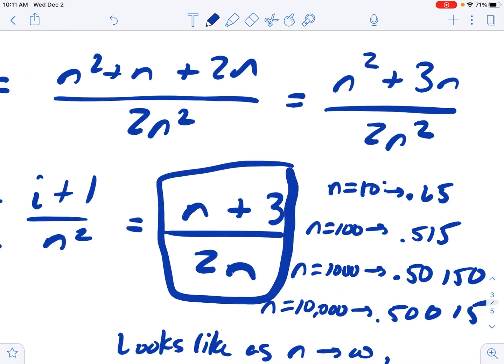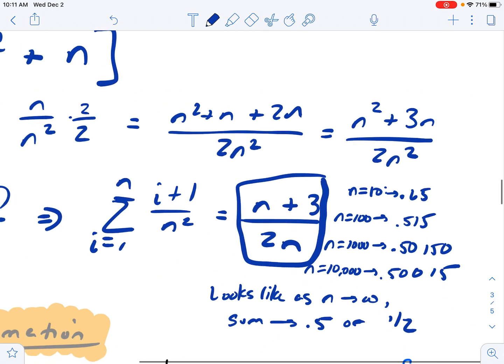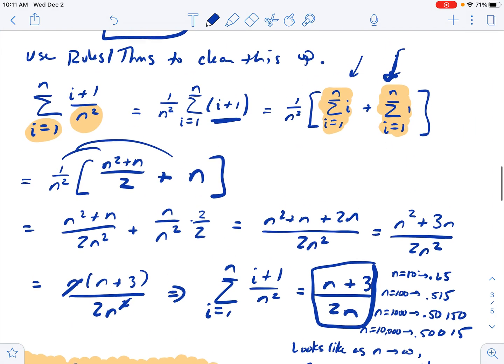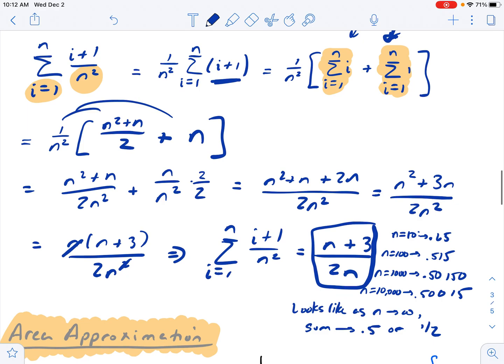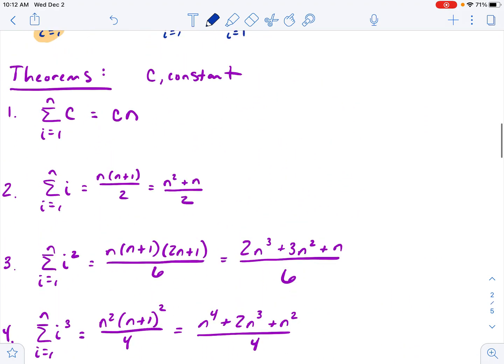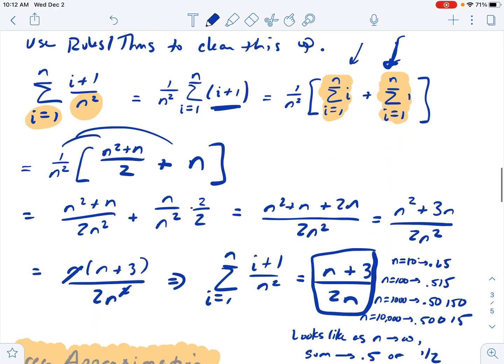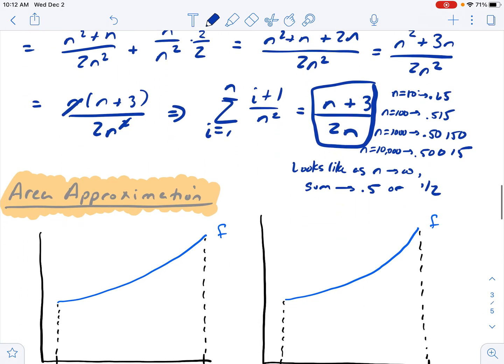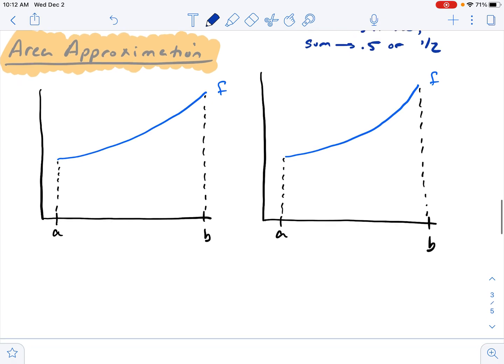And in fact, if you look at this and you take the limit as n goes to infinity, since the powers of n on top and bottom are the same, you should see that yes, as n goes to infinity, that will approach 1/2. Okay? And so you'll see a problem similar to this in the homework. So take your time going through that using these theorems and these rules. And we're going to apply these even more as we start now talking about area approximation. So you'll see the tie-in in just a little bit.